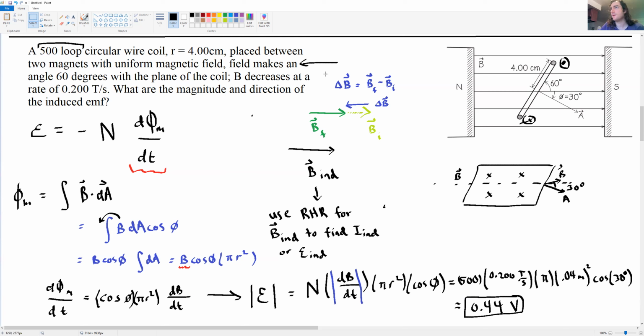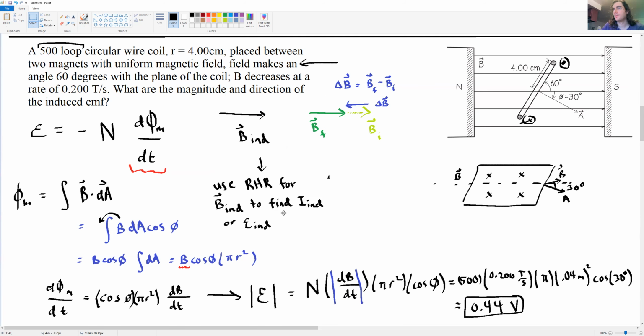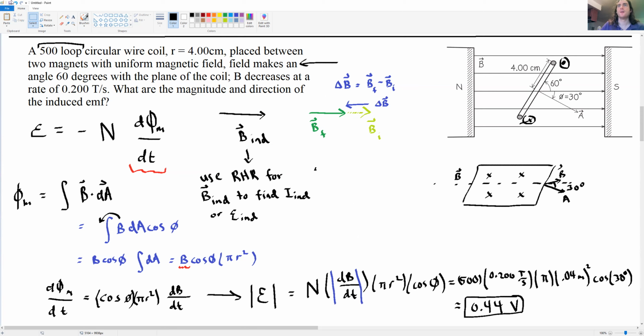Now we have some space here, just enough space to make it work.